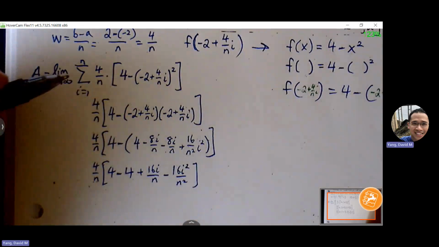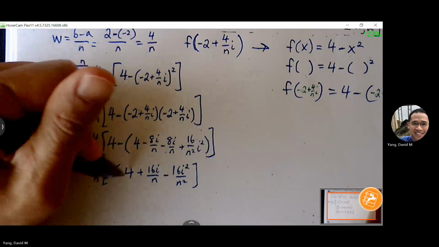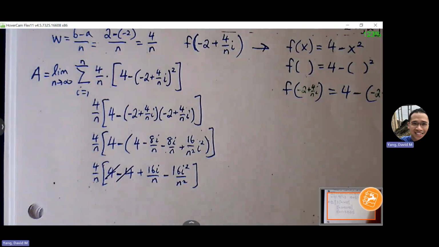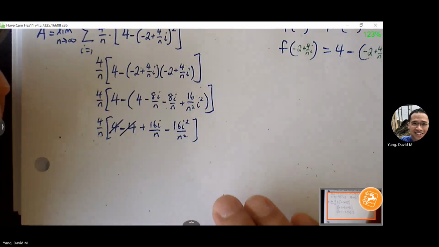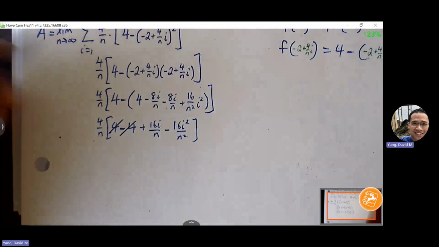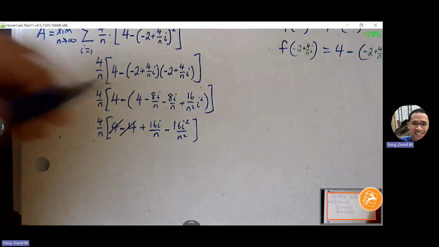The 4 minus 4 cancels out. Distribute the 4 over and through. So 4 times 16 is 64.